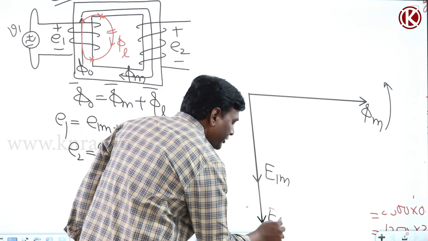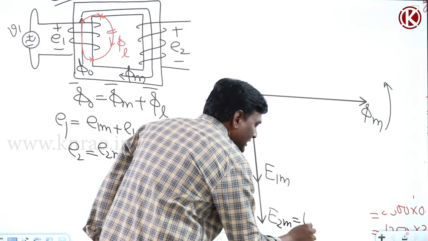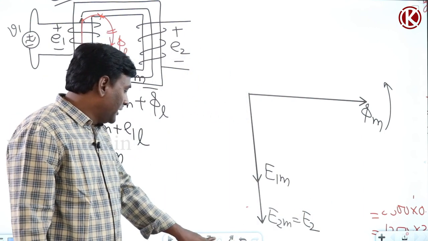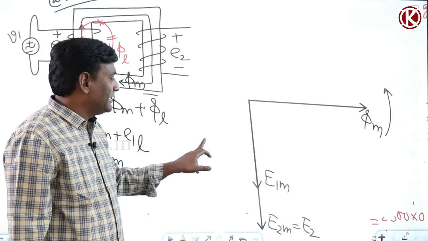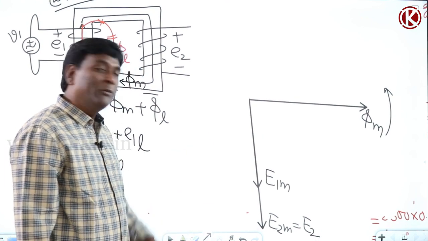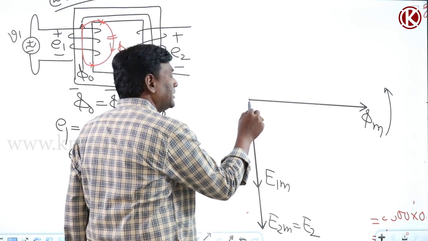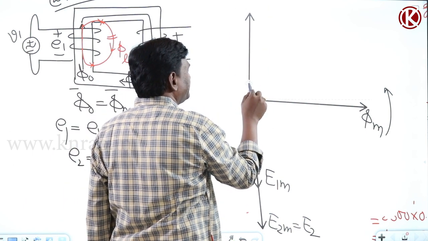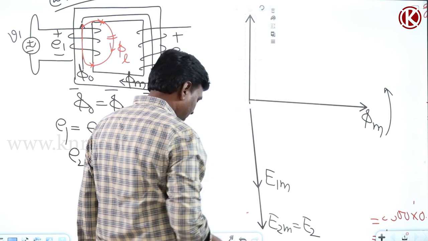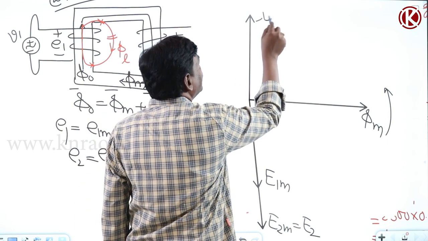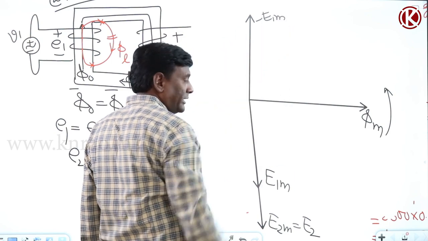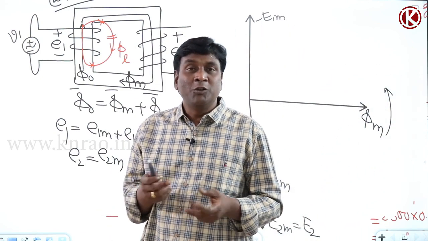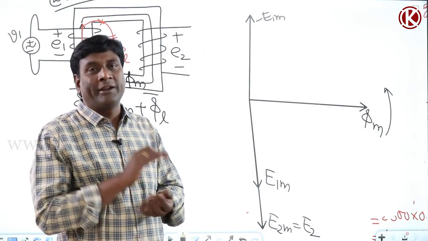This is going to be E2M, which is nothing but E2 only, because only mutual flux will come. Now let us think of minus E1M, which is going to be like this. So this is minus E1M. Basically, I am drawing the phasor diagram with I2 and I2 dash; I am not drawing I2 and I2 dash in line with the phasor diagram.